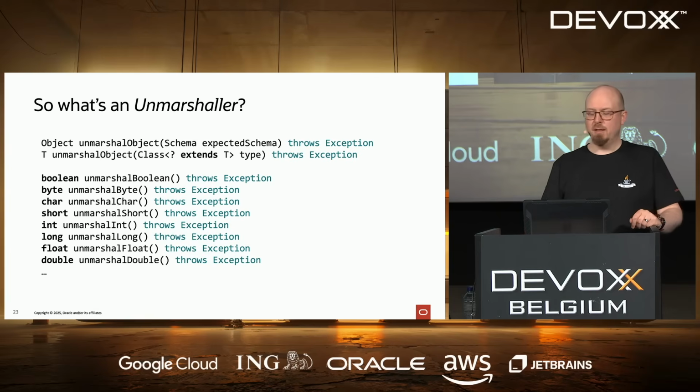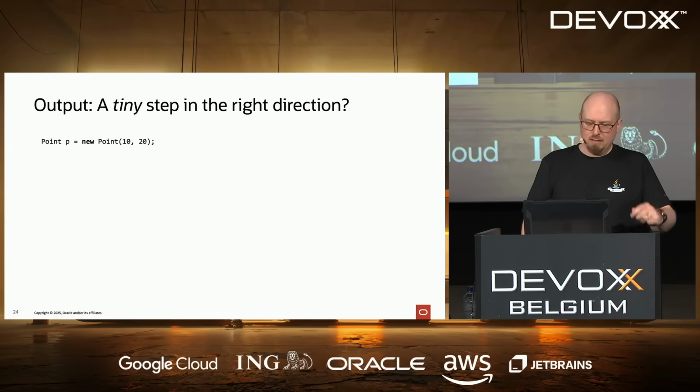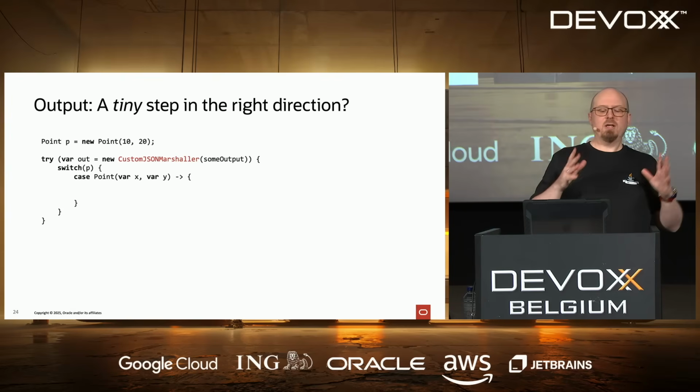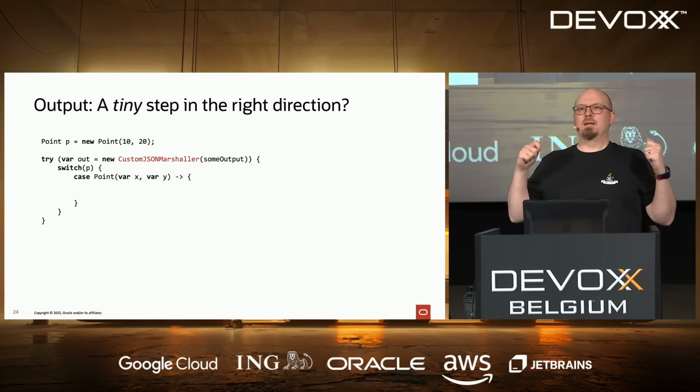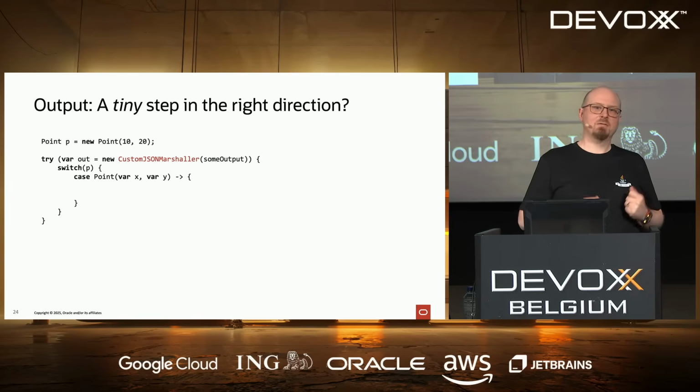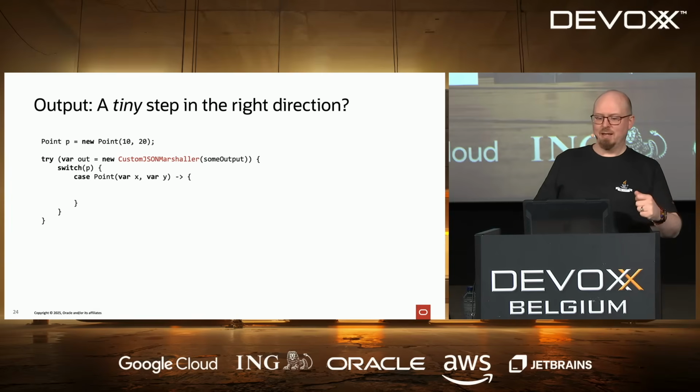So how do we make an example out of this? If we want to extend the analogy of doing this manually, then imagine that we have some sort of custom JSON marshaller. That is your domain format. You have a custom definition of JSON that you're creating for points for some reason. You're a huge fan of points, and you want to represent them as JSON.